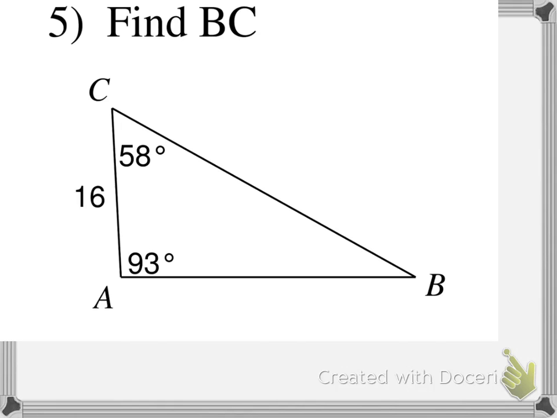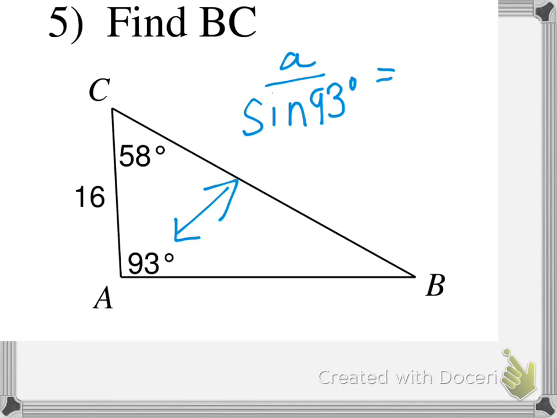Continuing on, we're finding BC, that's opposite of 93. I'll call that lowercase a just to emphasize that, over sine of 93 degrees will be equal to, oops, and there's nothing opposite of 58, so I have to rethink this.